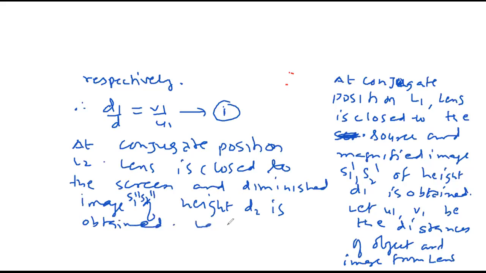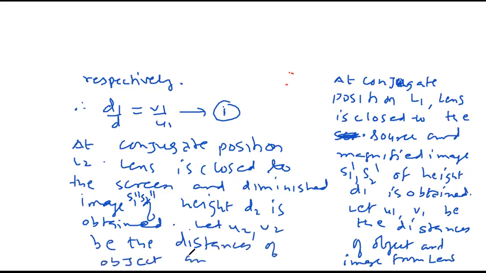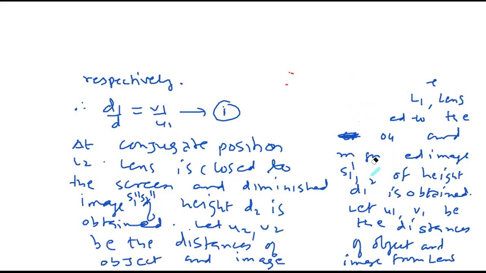Let U2, V2 be the distances of object and image from the lens respectively.